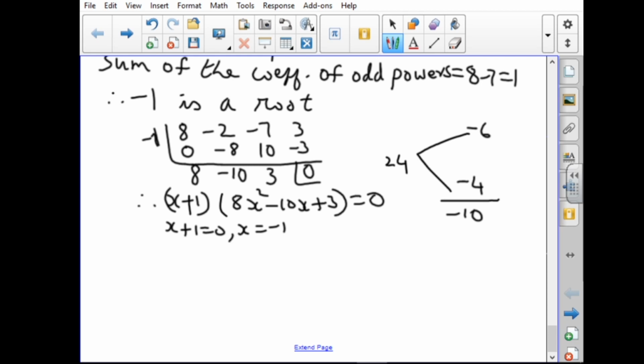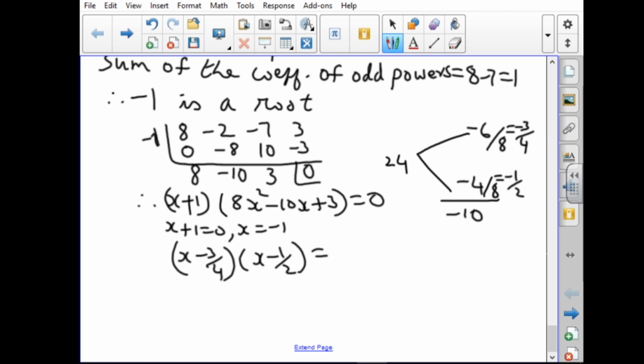And here the coefficient of x square is 8. So we divide by 8. So this gives you minus 3 by 4 and this is minus 1 by 2. Therefore, we get (x minus 3 by 4) into (x minus 1 by 2) is equal to 0, which gives us x is equal to 3 by 4 and x is equal to 1 by 2.